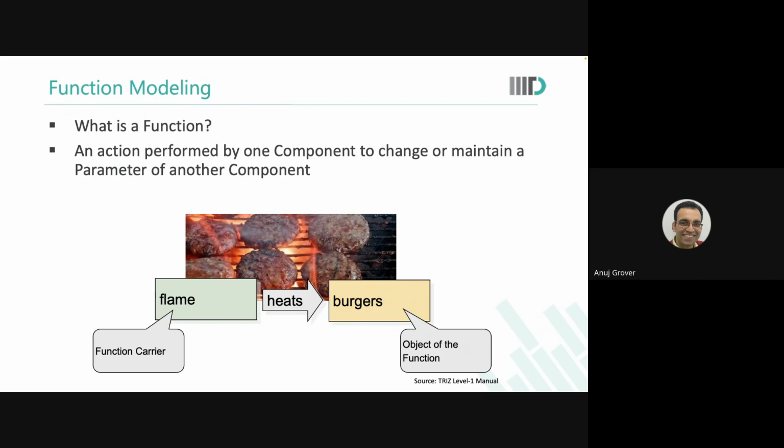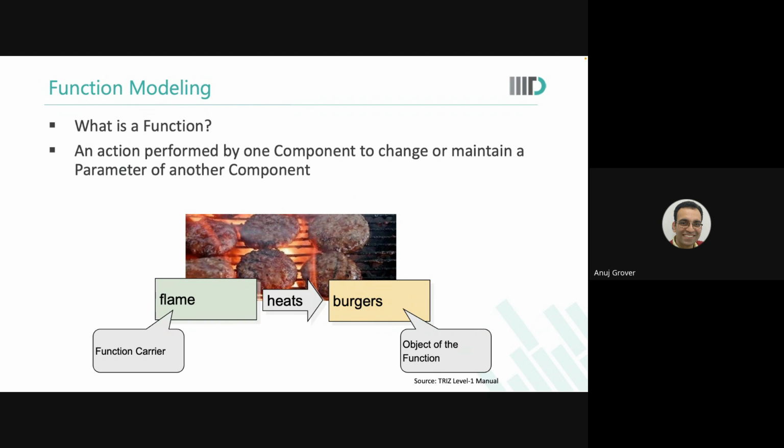So I could also write the flame raises the temperature of the burger. So if nothing else, I can use that. Which parameter is changed? I can just describe that. Otherwise, raising the temperature, the common English word is heat. So flame heats burger. But if you cannot recall the common English word, you can be very, very technical and you can say the flame raises the temperature of the burger.